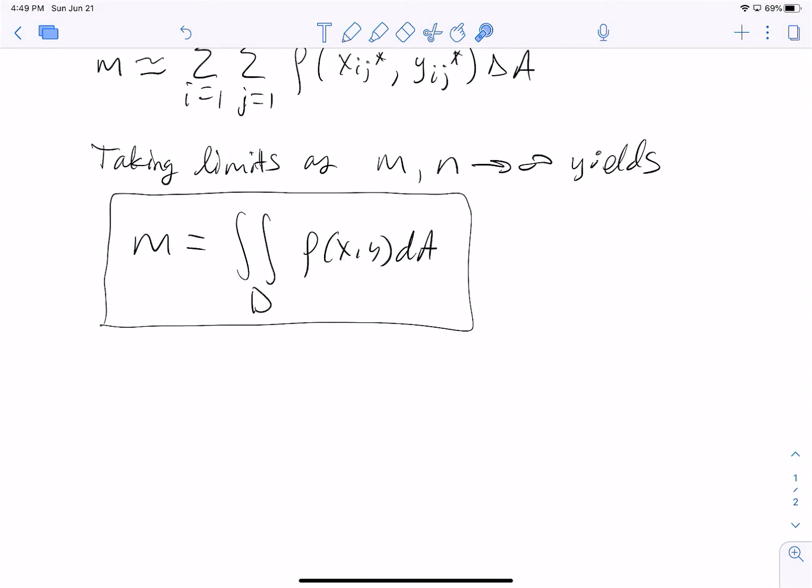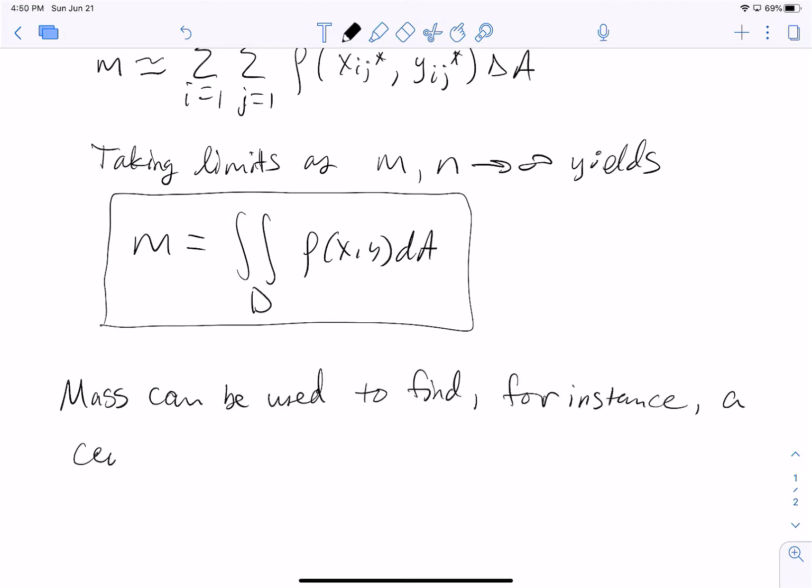Here though, instead of f of x y, we have rho of x y, implying that the function we're integrating is a density function. If this is f of x y, then we end up with a volume. But in this context, since rho is a density, we're going to end up with a mass. And as in single variable calculus, mass can be used to find, for instance, a center of mass.